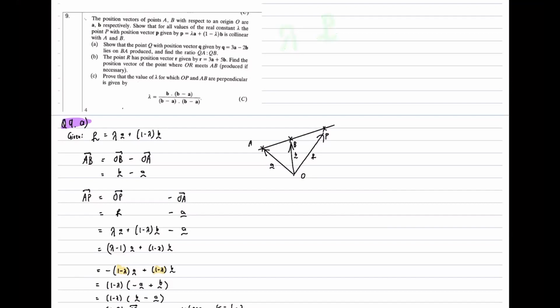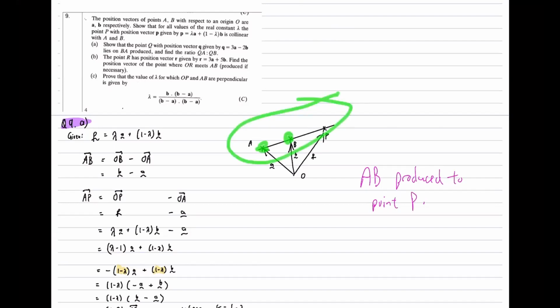What that really means is that your point P is on the same line as AB but produced. AB produced to point P. In this diagram, A, B, then extend it all the way to point P along the same line.